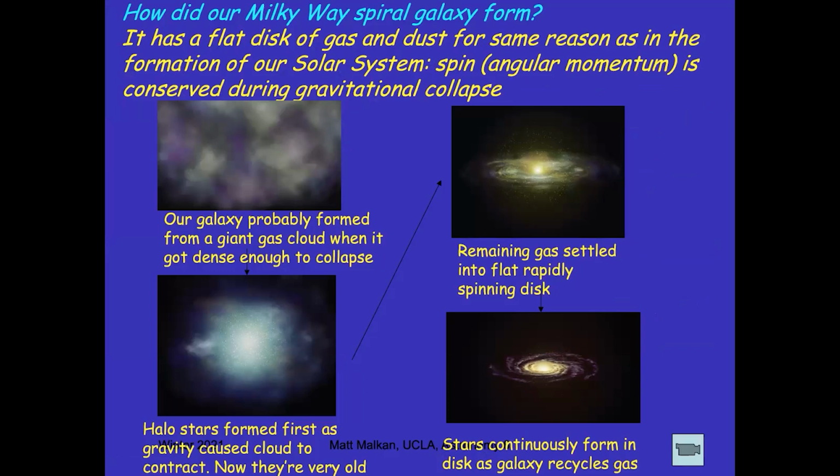For the same reason that a star forms a planetary system due to gravitational collapse, when a much larger mass of gas collapses to make a galaxy, it's likely to settle down into a rapidly spinning disk where things are mostly going around in circles in the same direction in a flat plane, the same way as happens in our solar system.